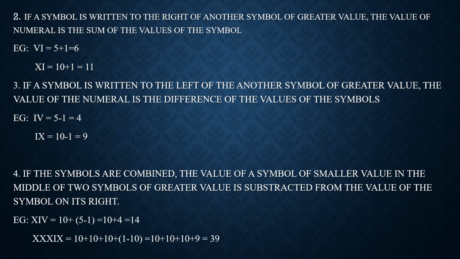You see, there are three symbols written there. The first one is X, then I, and then V. We know that X has a value of 10, I has a value of 1, and V has a value of 5. Since the smaller number comes in the middle of two greater numbers, what should we do?